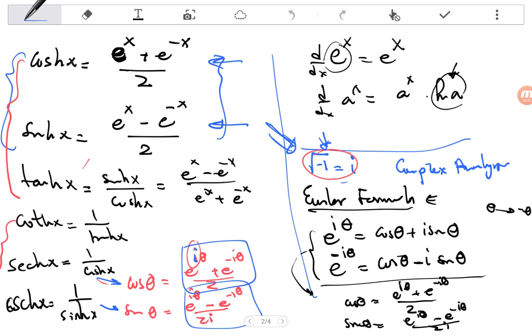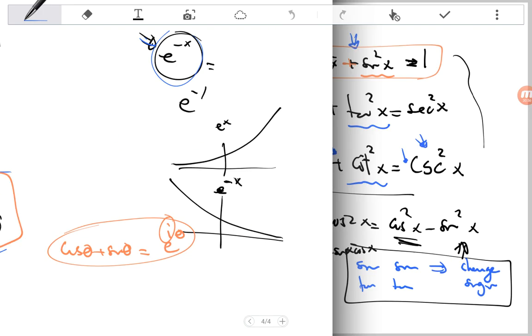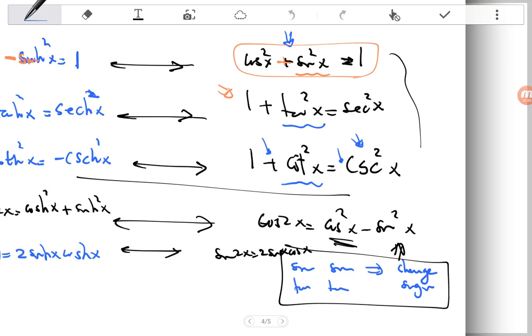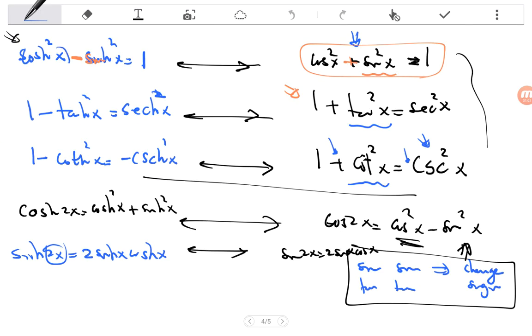So whenever I say, for example, cosh 1, what is cosh 1? It is just e to the power 1 plus e to the power negative 1, over 2. And these are just numbers as they are, and we don't call it an angle. But as a metaphor for the angle, we will call it a hyperbolic angle.